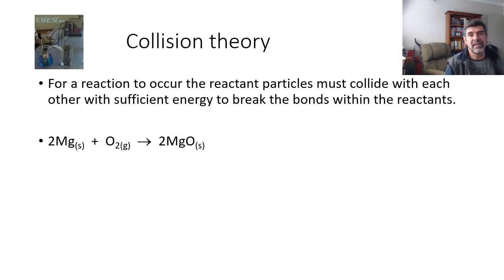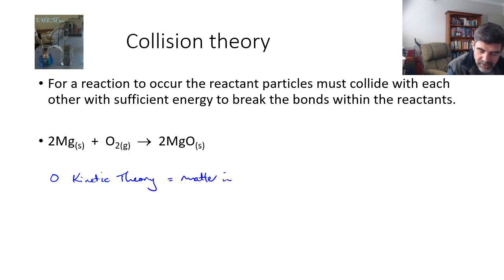In order to best understand what's happening in any chemical reaction, we need a little bit of an understanding of collision theory. We previously talked about the kinetic theory of matter, which is that matter is in constant motion. Kinetic theory equals matter in motion.